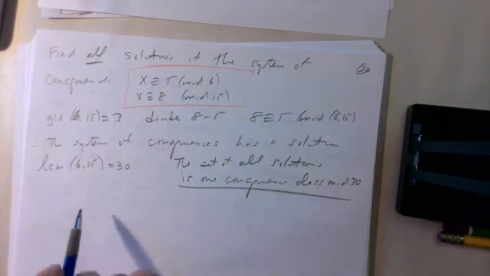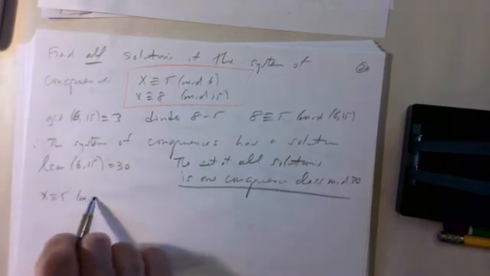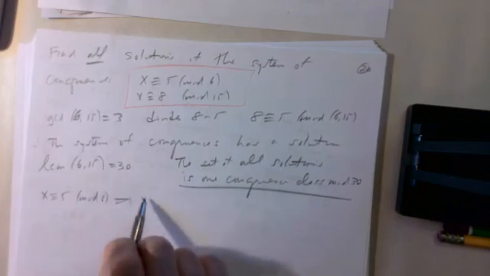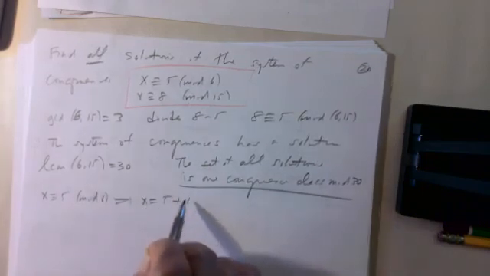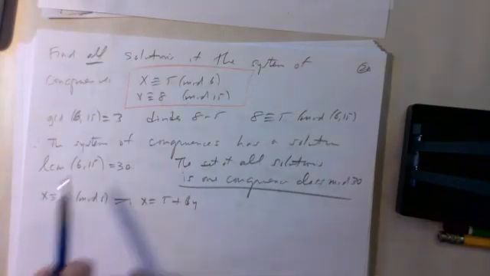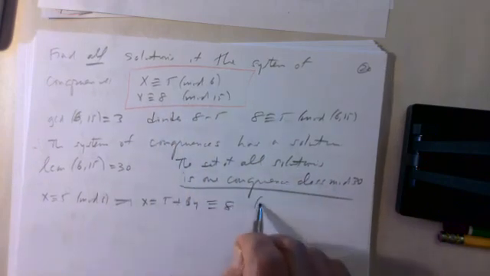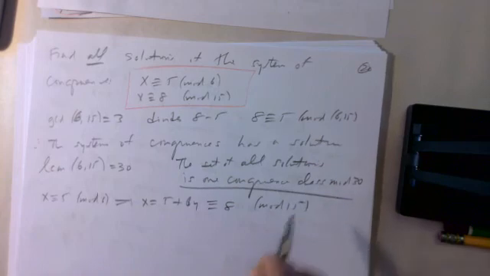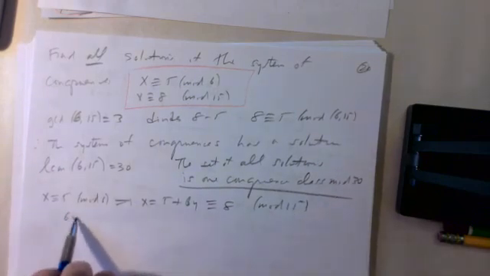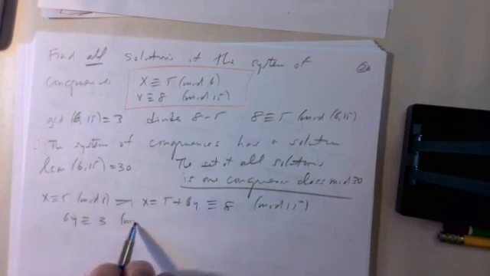And how do we find one solution? Well, if x is congruent to 5 mod 6, then x is 5 plus 6 times y for some integer y. And that has to be also congruent to 8 mod 15. So 6y is going to be congruent to 3 mod 15.